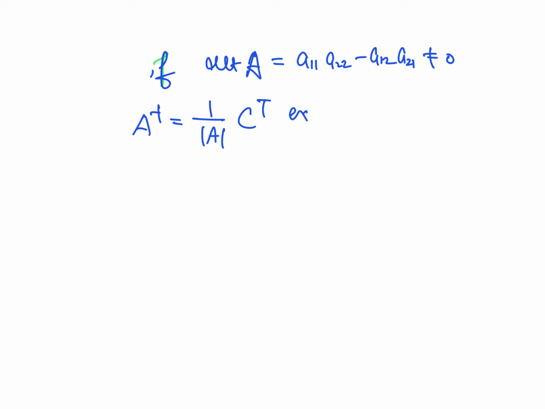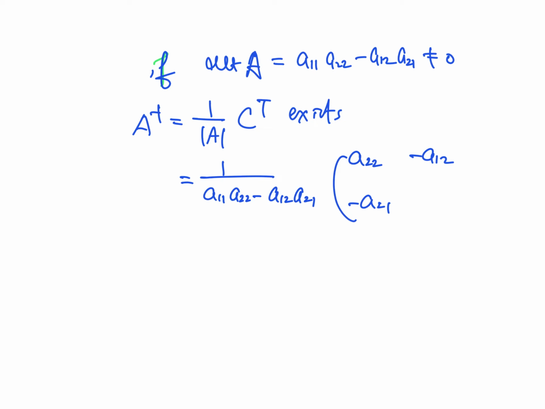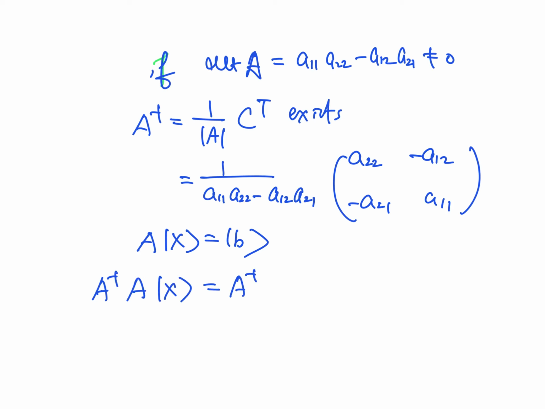Basically, the inverse is 1 over (A11 A22 minus A12 A21) times the matrix A22, minus A12, minus A21, A11, right? If the determinant is non-zero, then since Ax is P, we can multiply the inverse on the left side.